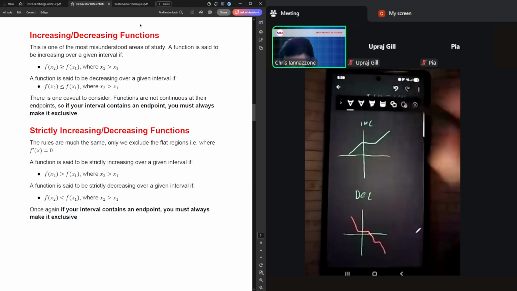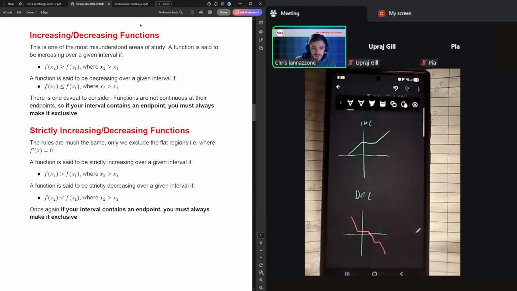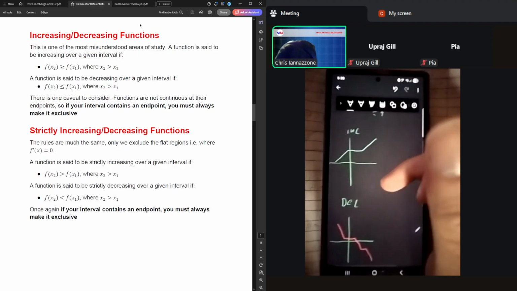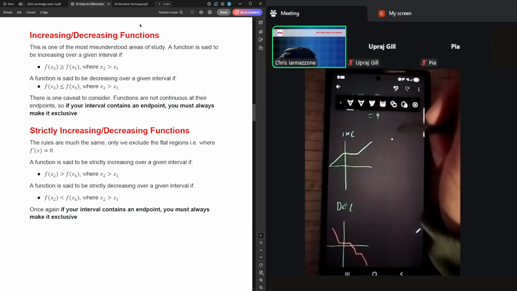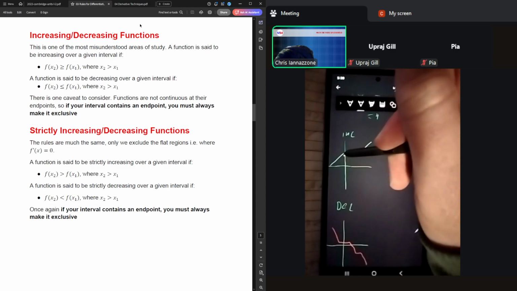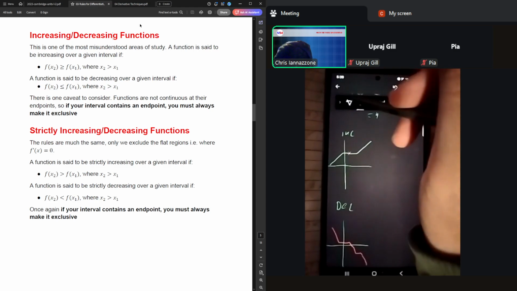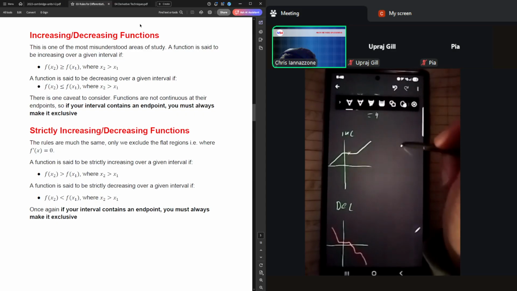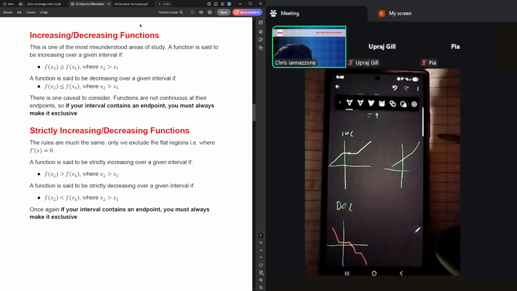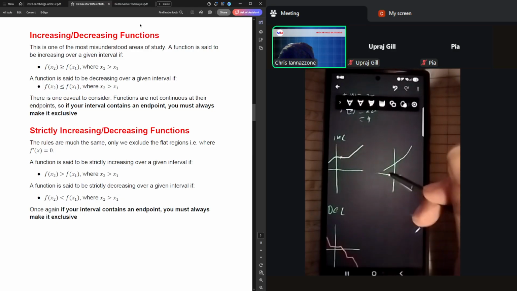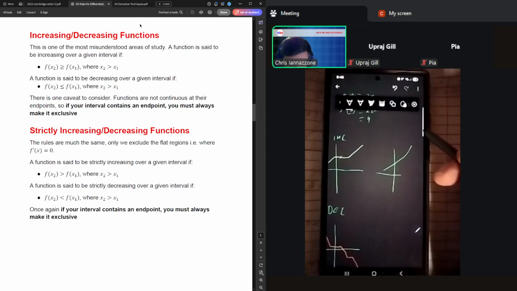The reason why I'm highlighting this is because there is an adjacent term, which is strictly increasing or strictly decreasing, which basically means you can't have these plateaus. Not allowed to have them. So when you have strictly increasing, it'll usually look like a curve that's always pointing up, either in a linear way or in a concave up sort of way.